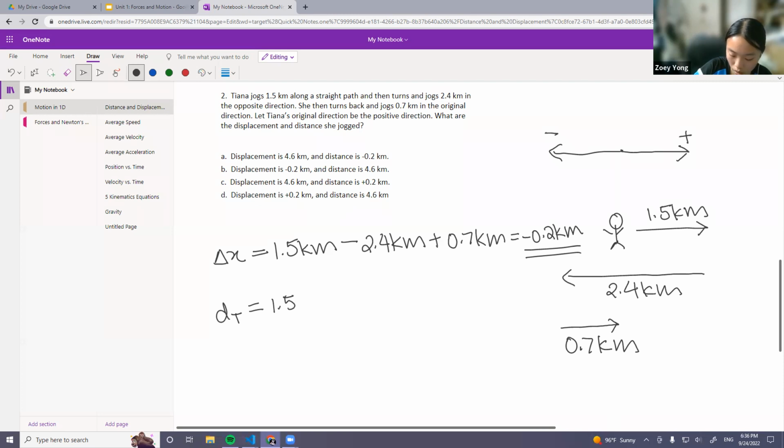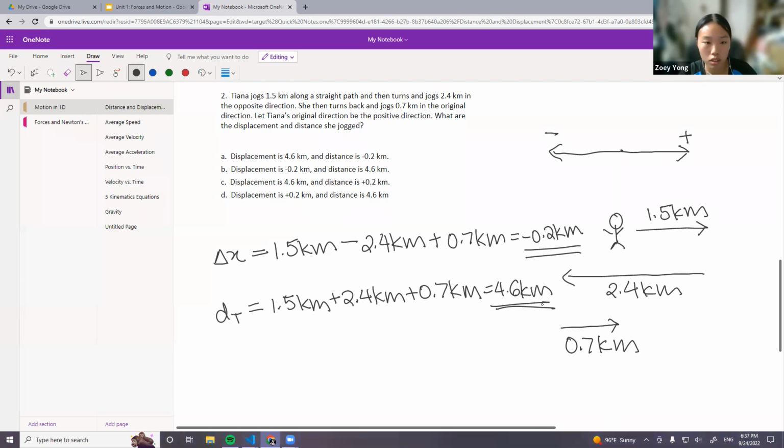So 1.5 kilometers plus 2.4 kilometers plus 0.7 kilometers is all equal to 4.6 kilometers. If you look at our answer choices, negative 0.2 kilometers and 4.6, you know that the answer is going to be B.